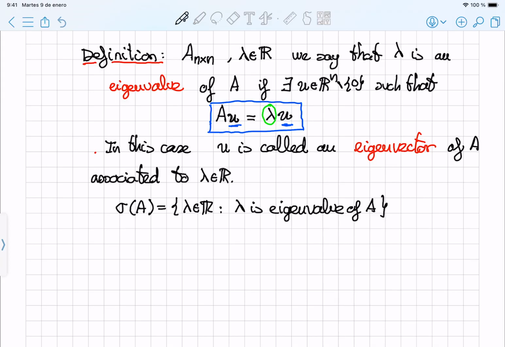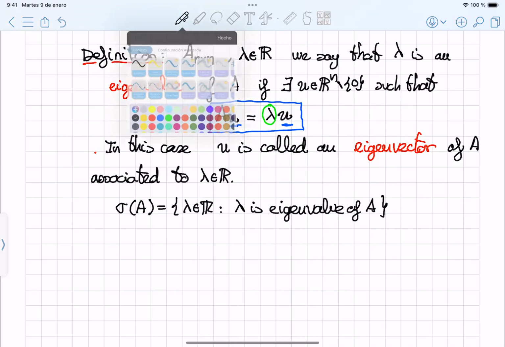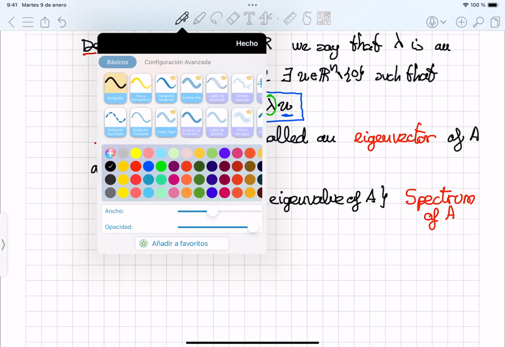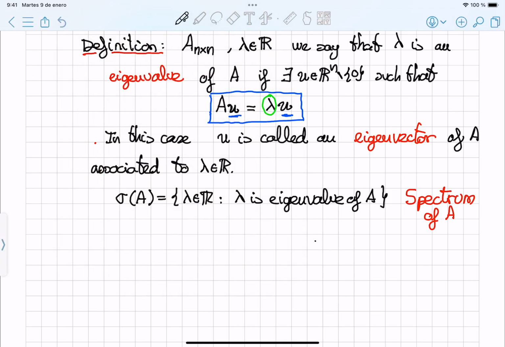In this case, the mathematical bags are sets, so in this set. This set has an important name and a very fashionable name, which is spectrum. And this is the spectrum of the matrix A. This is a fancy way of calling the set of eigenvalues. So sometimes instead of asking about computing eigenvalues, we can ask to compute the spectrum of a matrix.